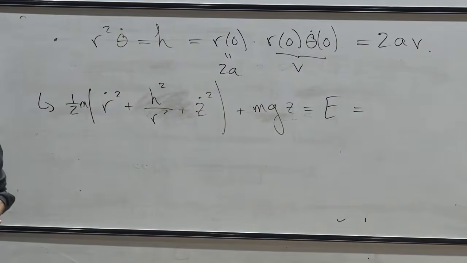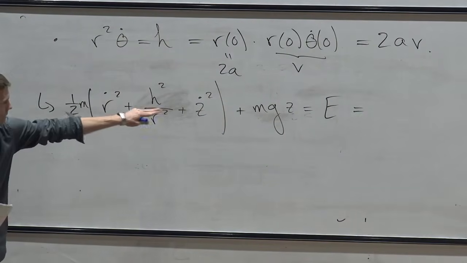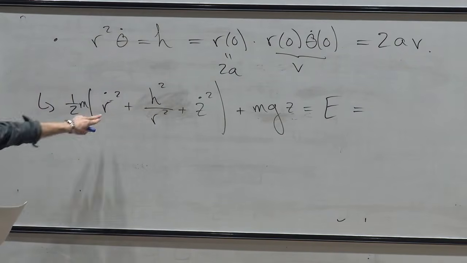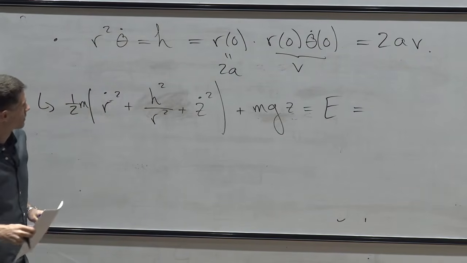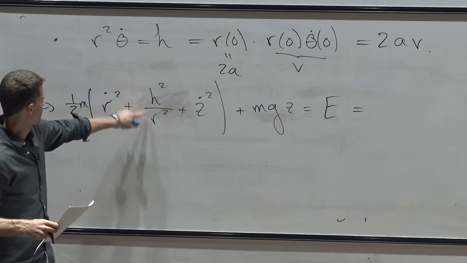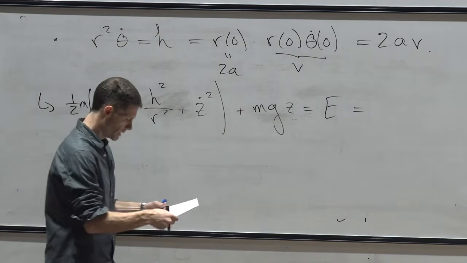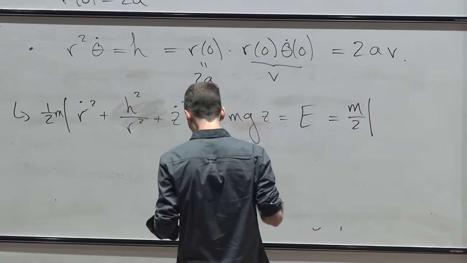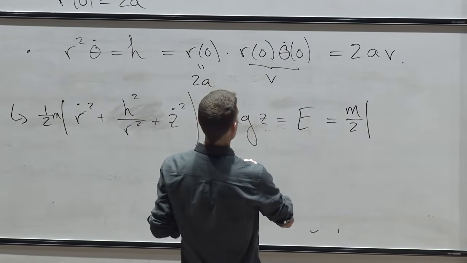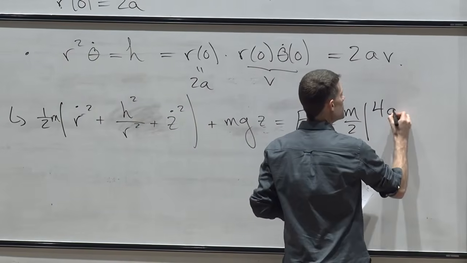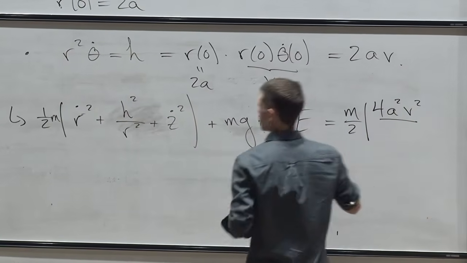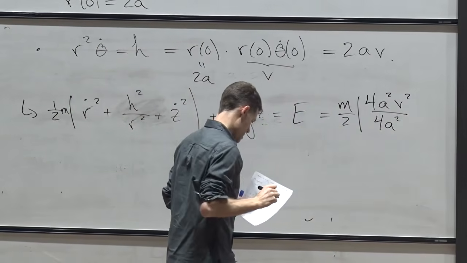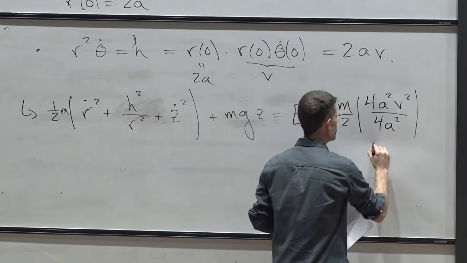And for the E, I can just put in the values of these components at t equals 0. At t equals 0, r dot is 0, z dot is 0. And I'm just left with the h squared over r squared plus mgz. So that's m over 2 times h squared, which is 4a squared v squared over r squared, which is 4a squared, plus mga.